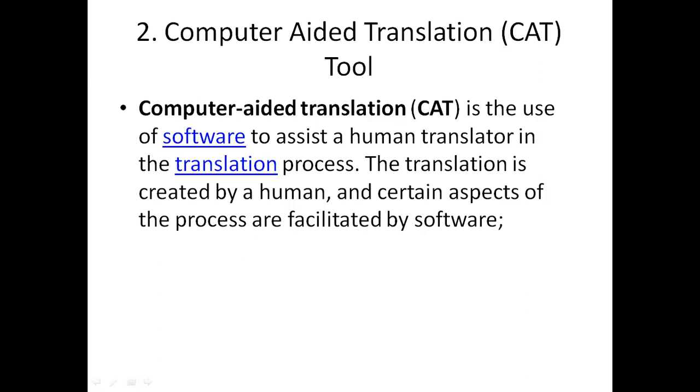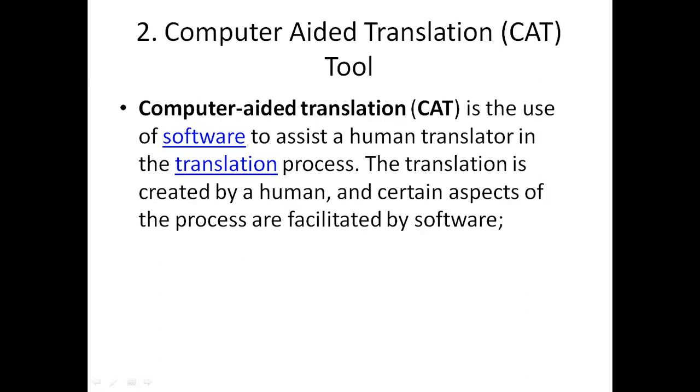Computer-aided translation, in this case, the translation is created by human. Yeah, the translation is created by human. It is different from machine translation, where the translation itself is created by machine. And certain aspects of the process are facilitated by software.